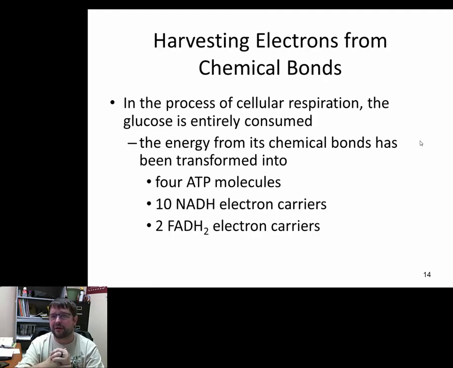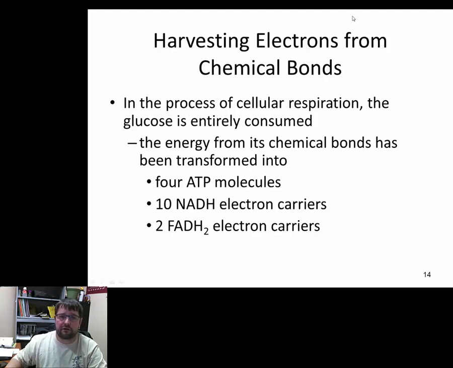Now, if you remember back from photosynthesis, how much energy did it take to produce 1 molecule of glucose? I rounded it up to 60 ATP molecules, but it's probably around 54 on average, 54 molecules of ATP to produce a single molecule of glucose.